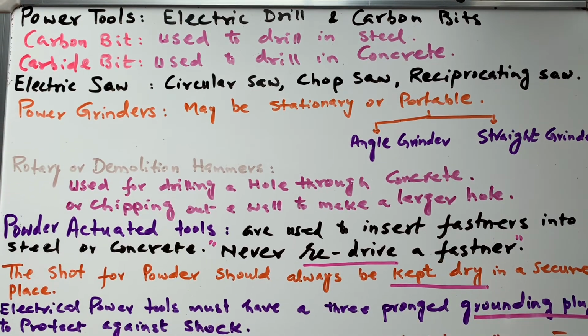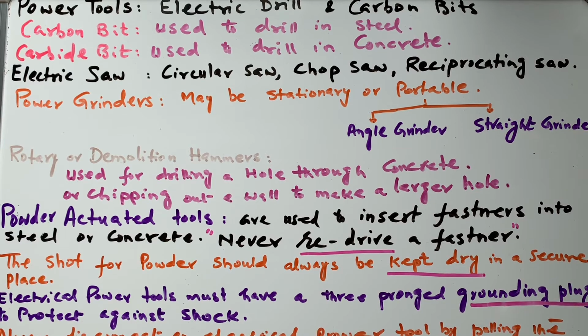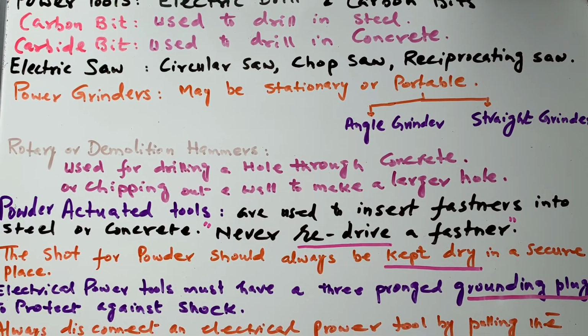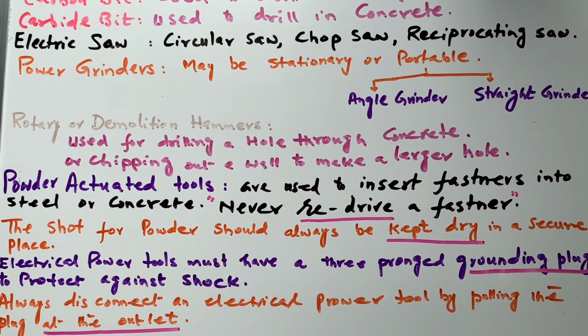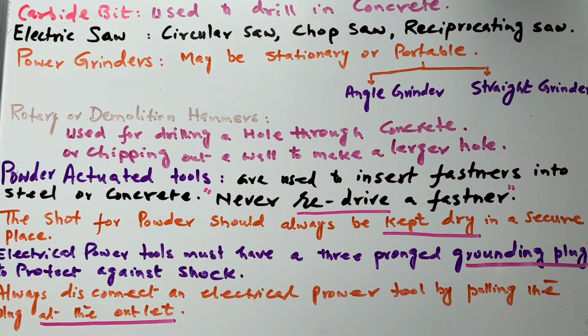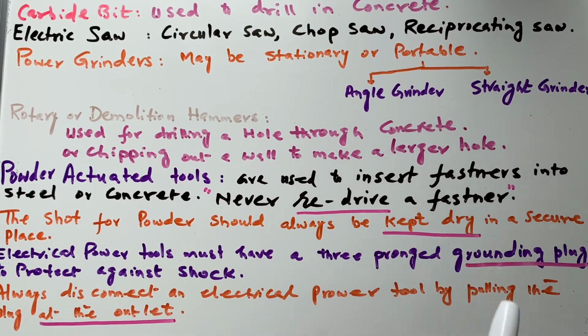So this might be on the exam. I told you that MCQs, like fill in the blanks type of question, you have to choose the right answer among 3 options you are given. Then the shot of the powder should always be kept dry and in a secure place.